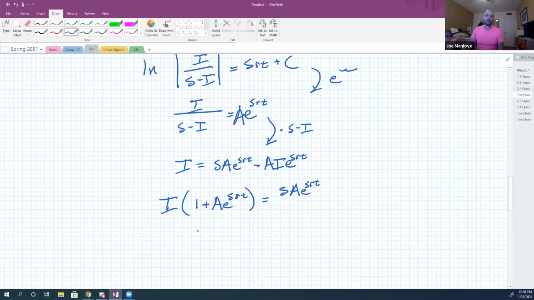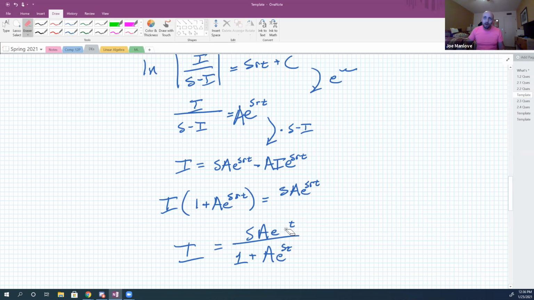Then maybe divide. Ultimately getting this, oops, that's not an I. That is supposed to be a 1 plus AE to the SRT. Oops, why am I writing T's?